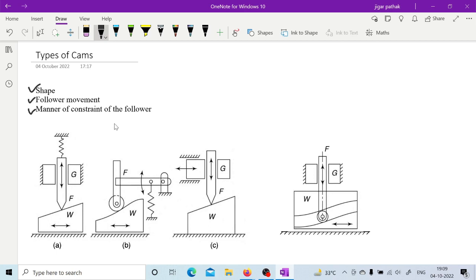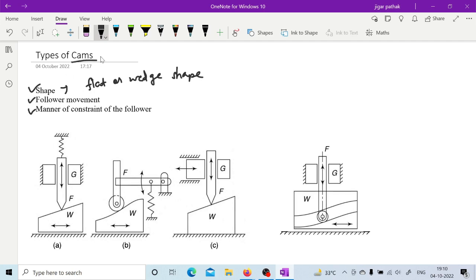If we go for the first one, based on shape, then it can be flat or wedge shaped cam.